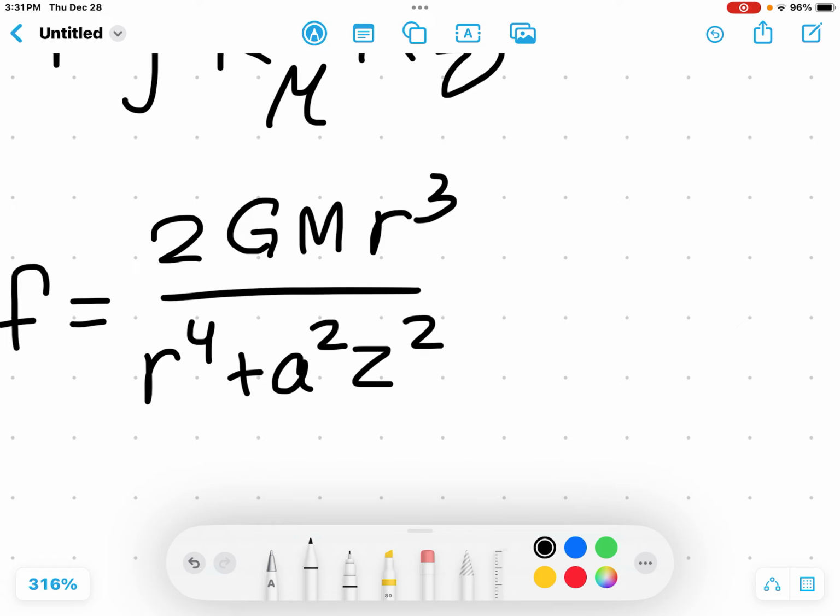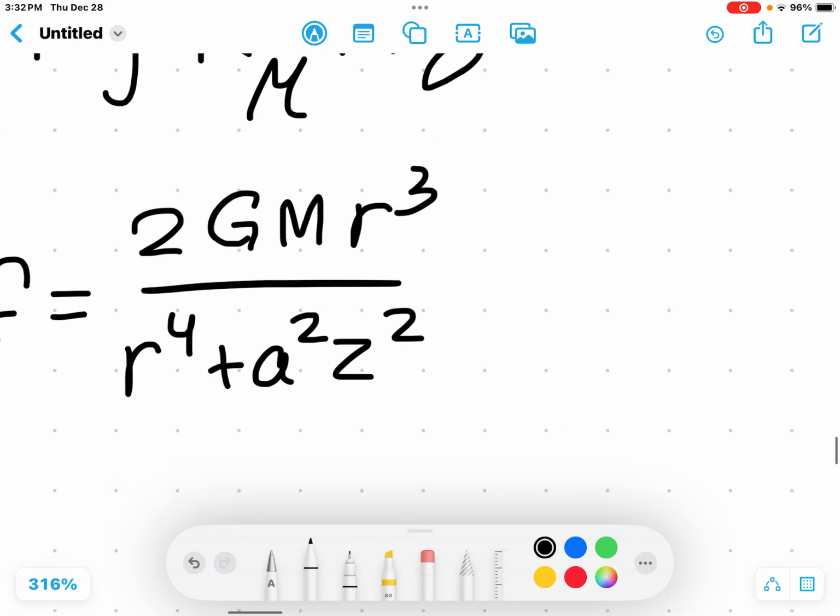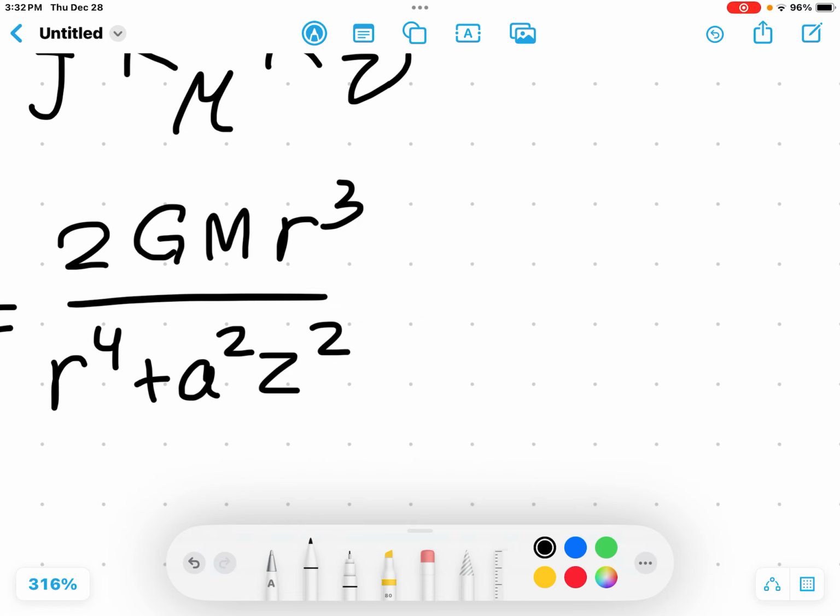And somehow we're working with a modified, or hybrid, form of a Cartesian and polar coordinate system, because we have both an r and z here.